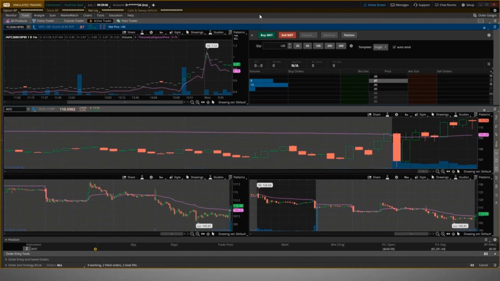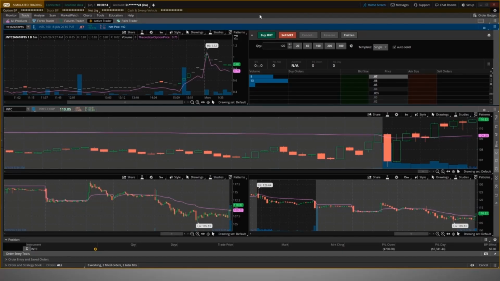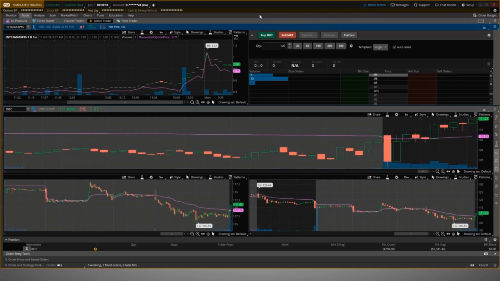It eventually worked out, but the position is still negative on the day, not on the open. But of course, this is not acceptable.